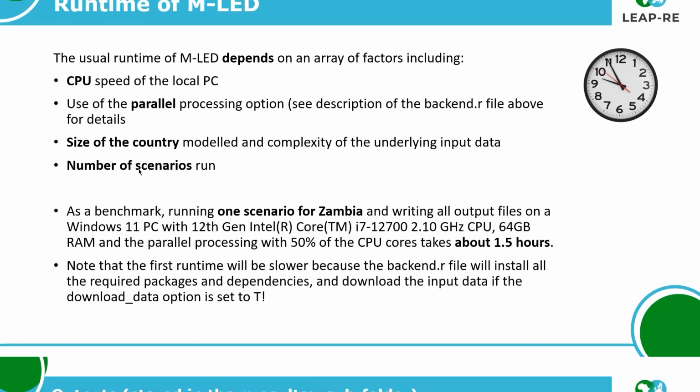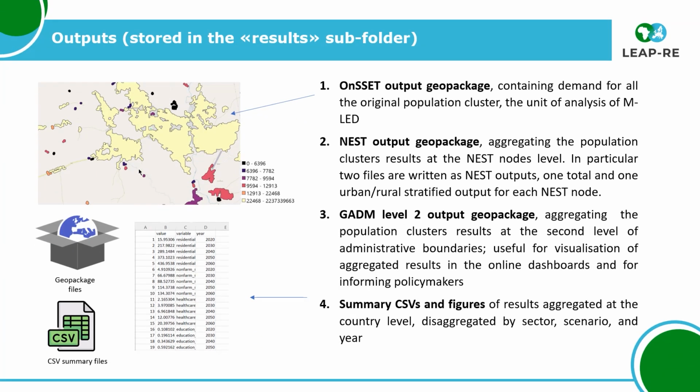In terms of outputs, we get several files which are hosted inside the results folder of the MLED folder in the RE4AFAGRi repository. And in particular, the main output written is the geopackage, which is at cluster level.